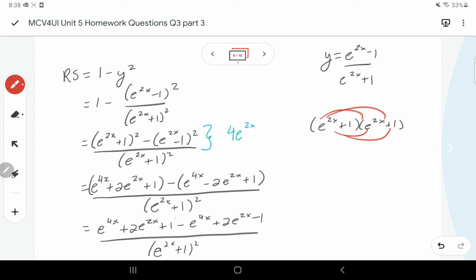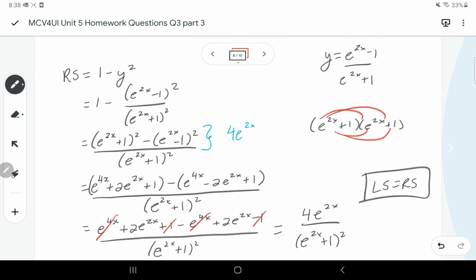Then I've got a plus 1 and a minus 1 and an e to the 4x and a minus e to the 4x. I did get a little worried when I had that e to the 4x for a minute there. But here I get 4e to the 2x over e to the 2x plus 1 all squared. So left side equals right side. You're doing just a left side, right side proof: simplify the derivative as much as you can, and then compare it to what you're trying to show that it's equal to.